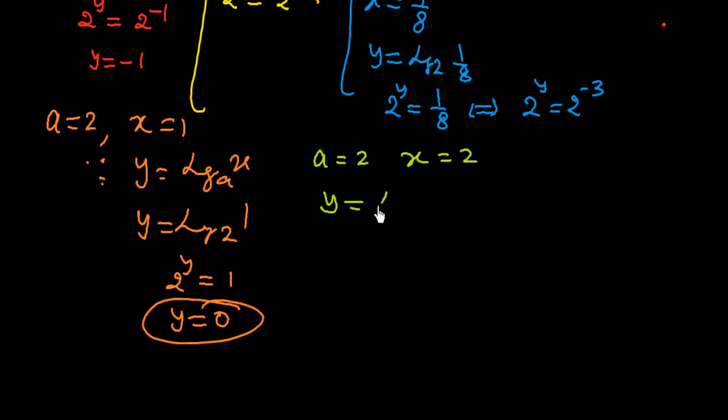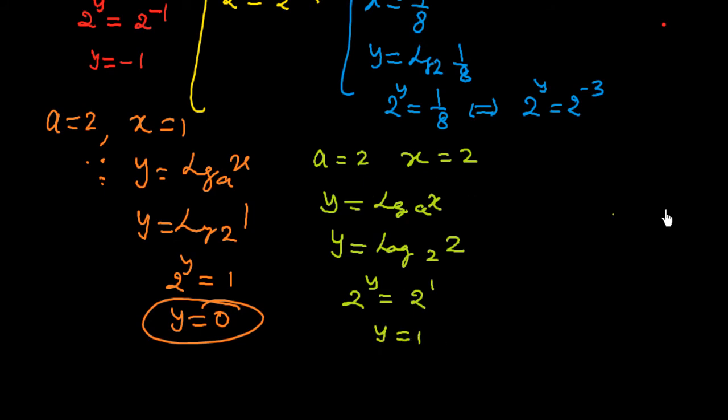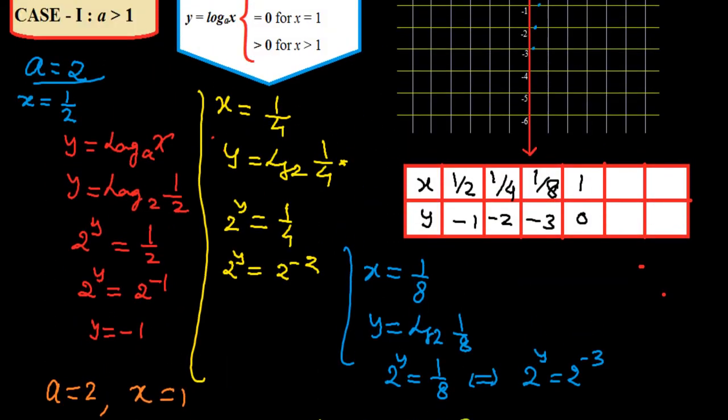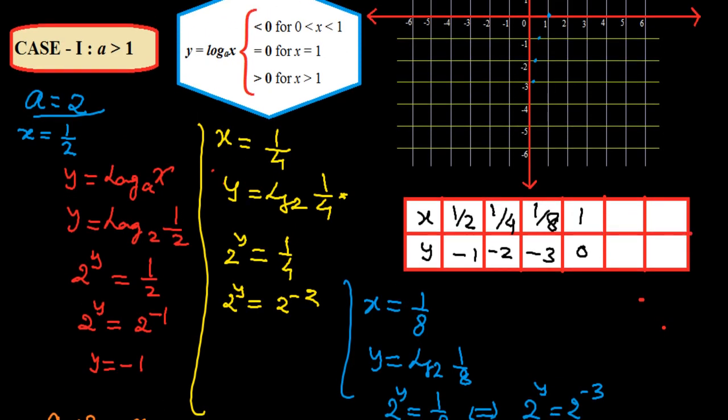Because we know that y is equal to log x base a, y is equal to log 2 base 2. So we get 2 power y is equal to 2, so it is 2 power 1. So y is equal to 1 here. If x is equal to 2, y is equal to 1.